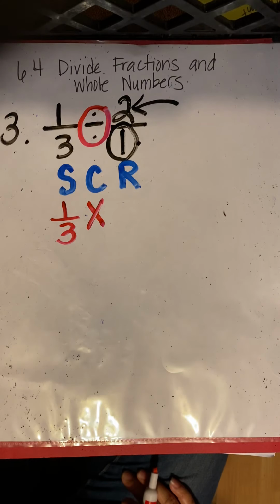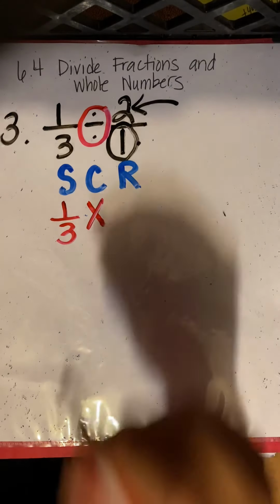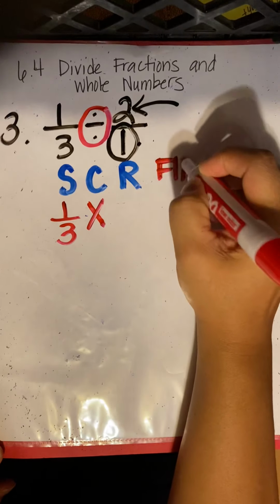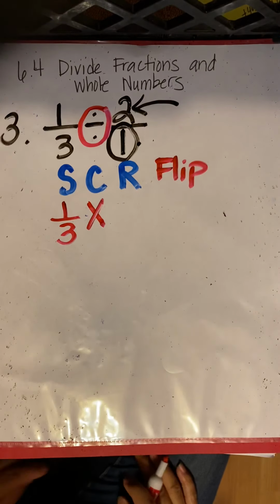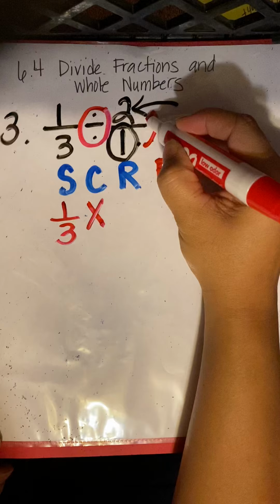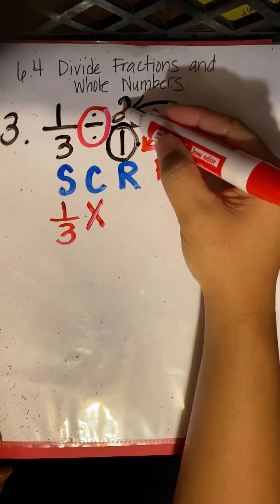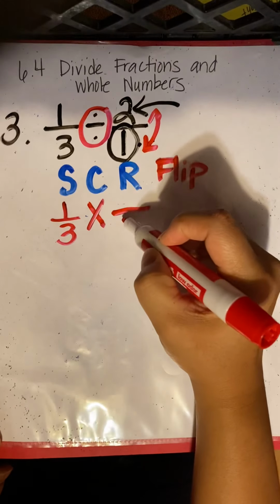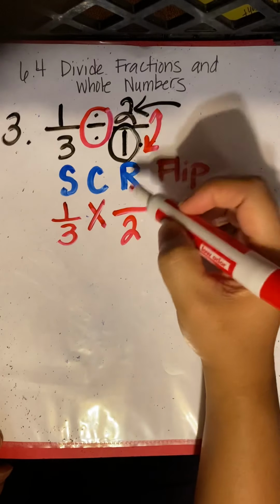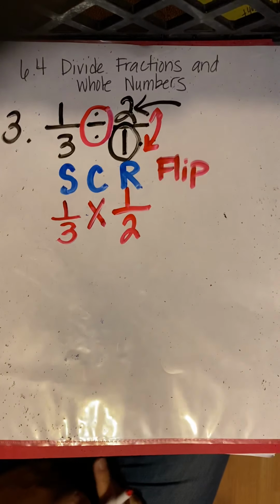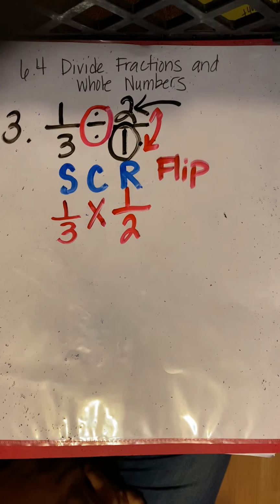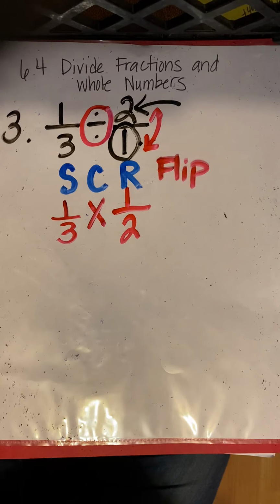Now the R means reciprocal, so it means to flip, okay? So what you're going to do to 2/1 is flip the numbers. The 2 is going to be your denominator. The 1 is going to be your numerator. So now it's 1/2.